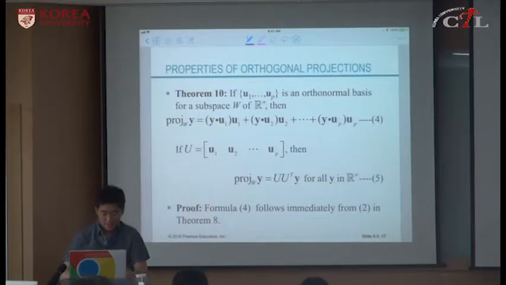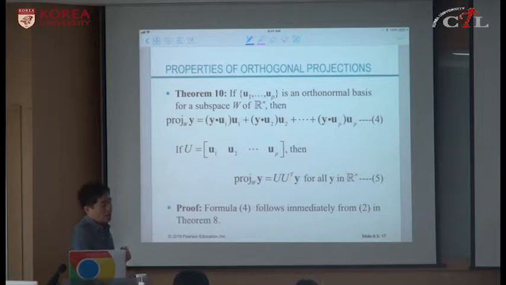Okay, then let's move on to theorem 10. We considered orthogonal projection when given orthogonal basis vectors. But what if we are given an orthonormal basis of a subspace W, right?